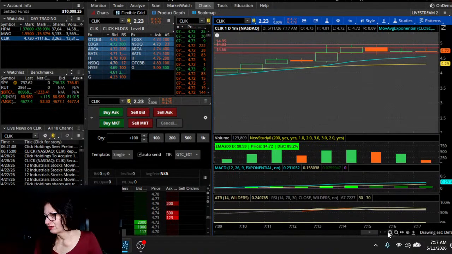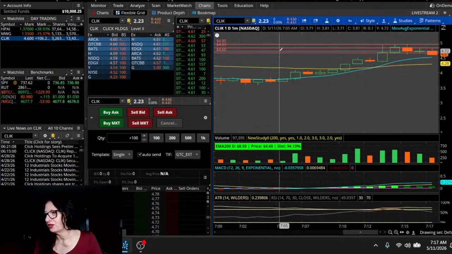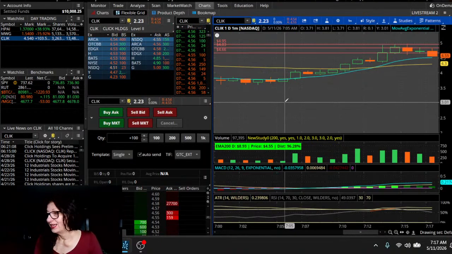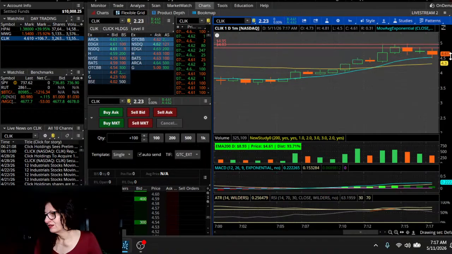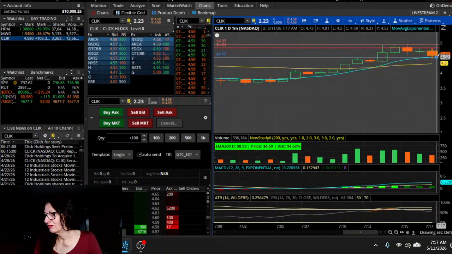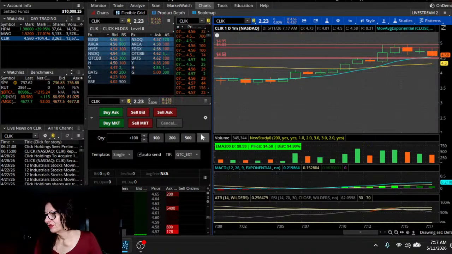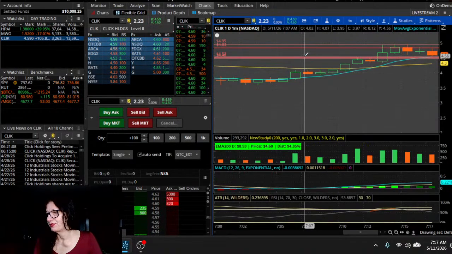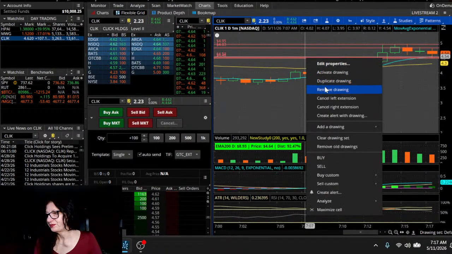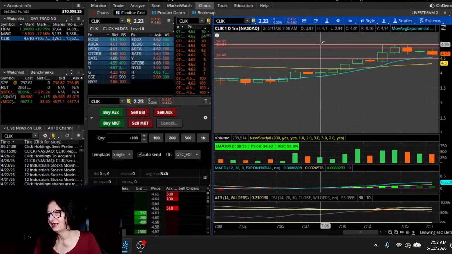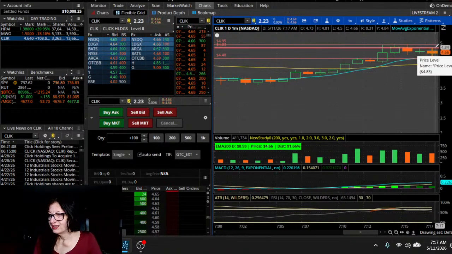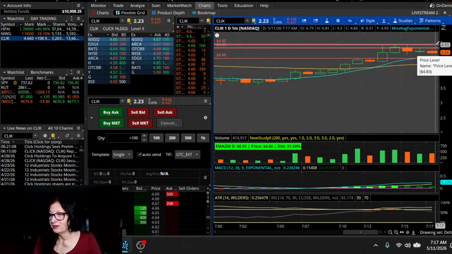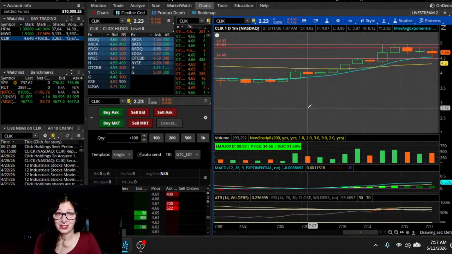It's still not a great profit loss ratio. I want to see 1-to-1 at least. And it looks like it's tapping the 9 EMA. So yeah, that's not a great profit loss ratio. If I use this as my entry, this distance here between my entry and my target, it's pretty low.